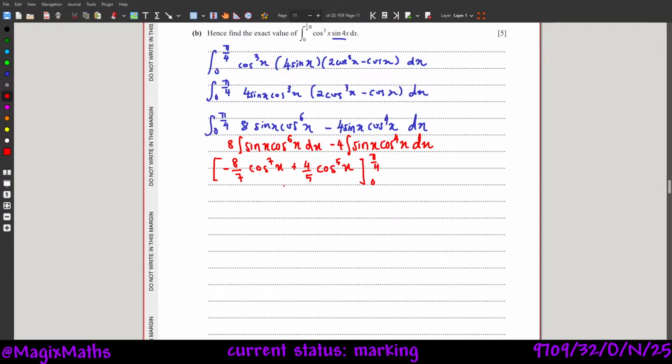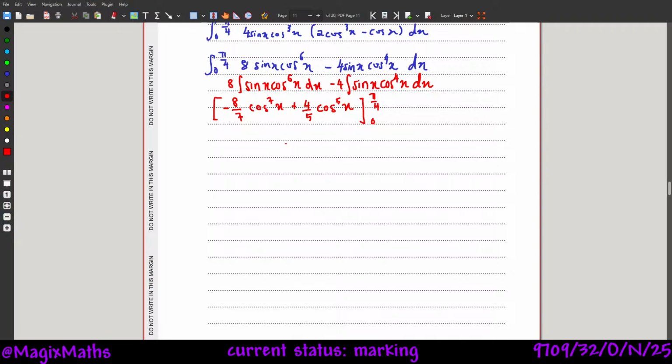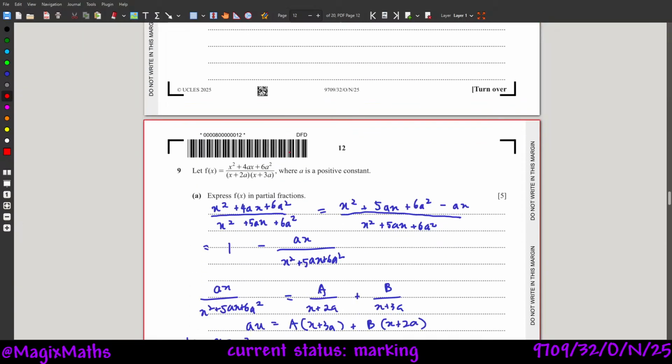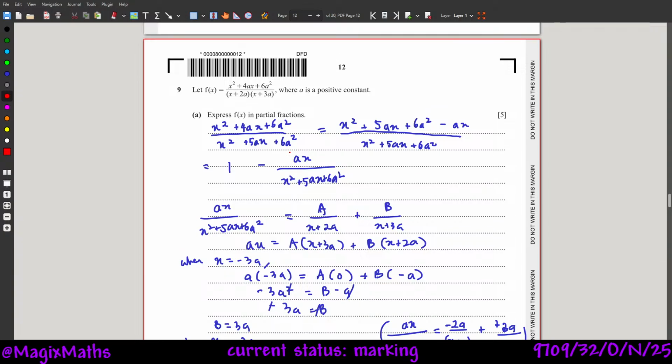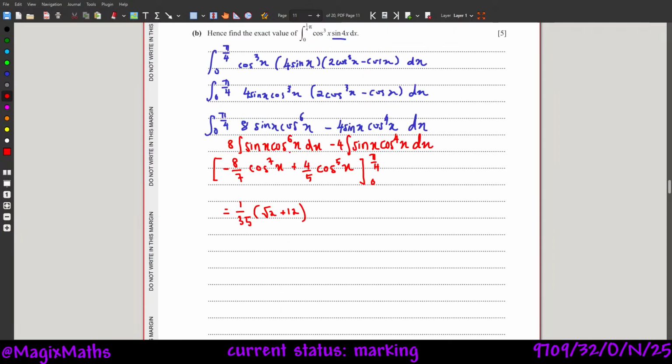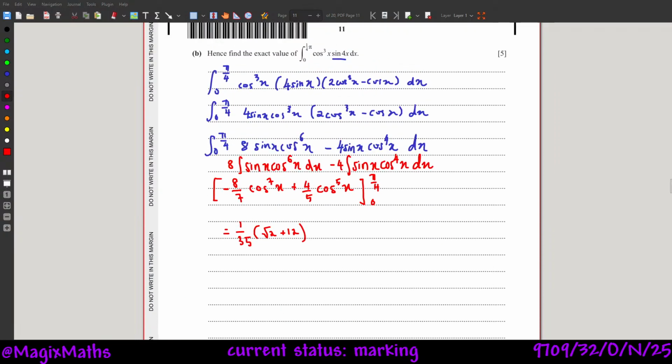We want it in exact value, right? So we'll have... yep, that was literally it. But I did get about 1.